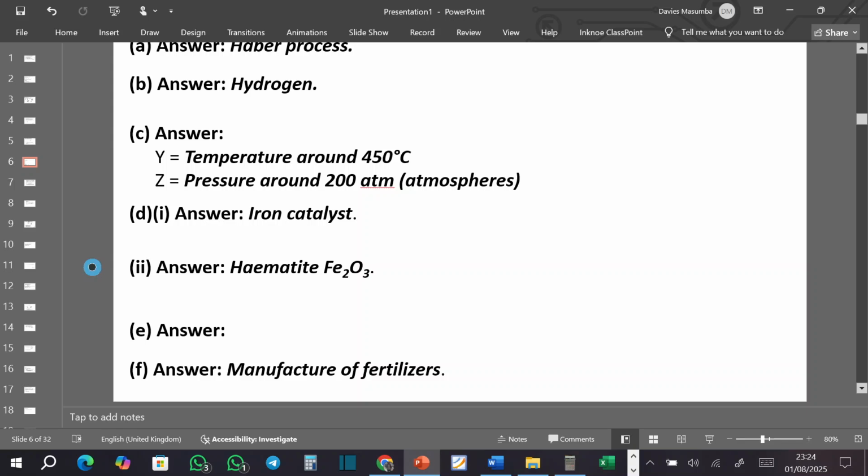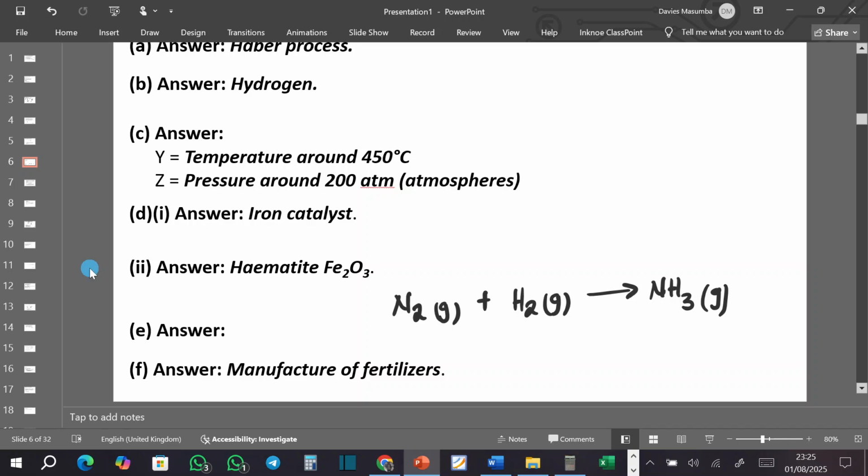So you say nitrogen, it is a gas, put the state symbol, plus hydrogen, it's a gas, so you put G as a state symbol. These two, when they react, give you ammonia, NH3. You must always know in advance that the chemical formula for ammonia is NH3, and it is also a gas. Now, how do you start balancing?